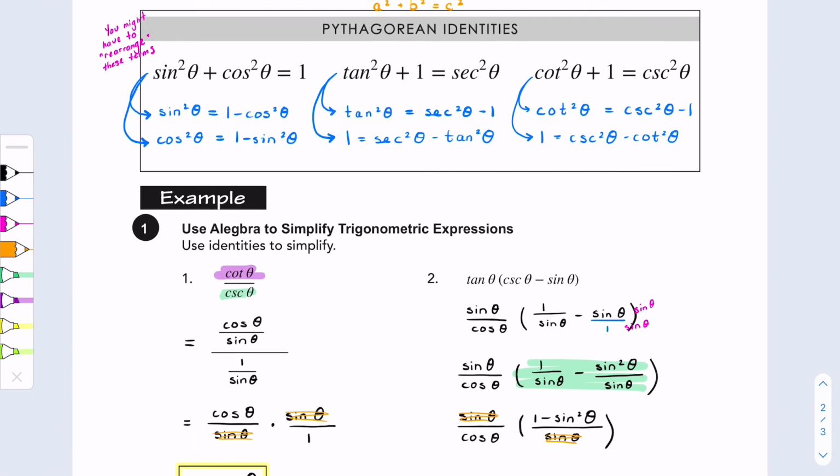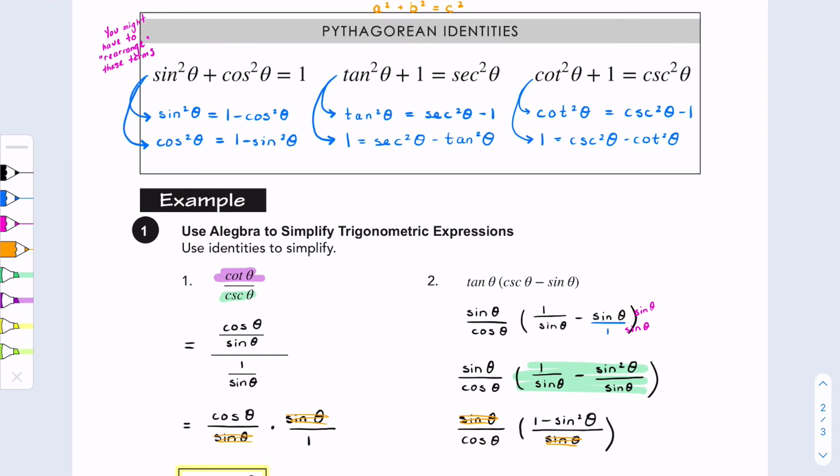So if I scroll out and I look up here at my identities, when we reworked our Pythagorean identities, we reworked this one. Let's use pink.